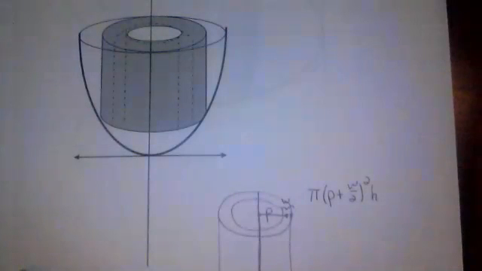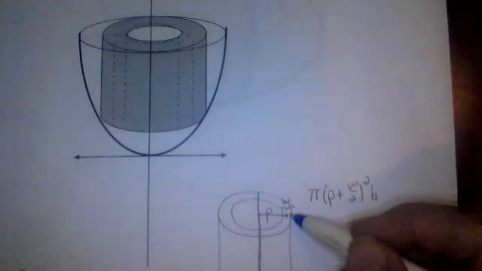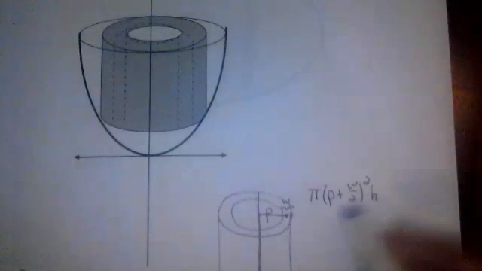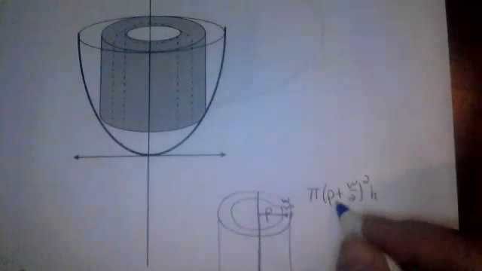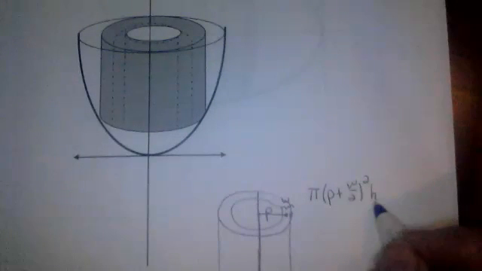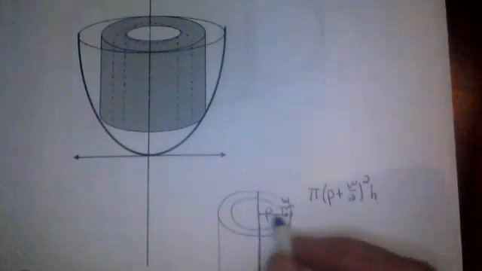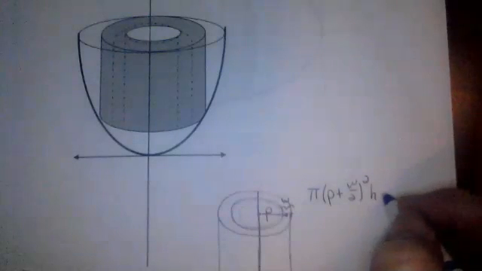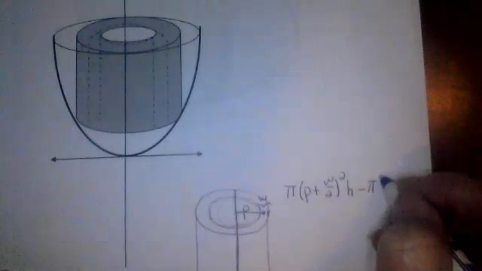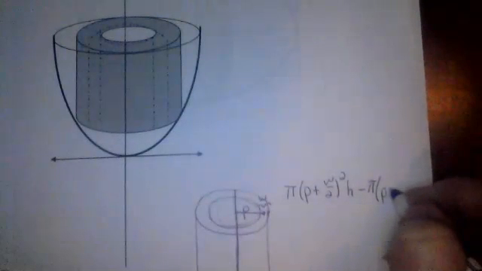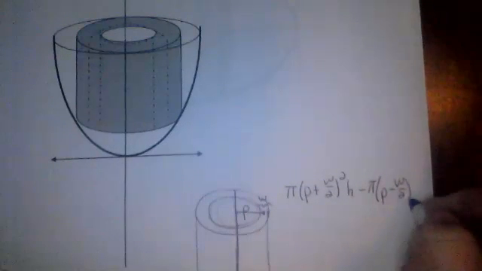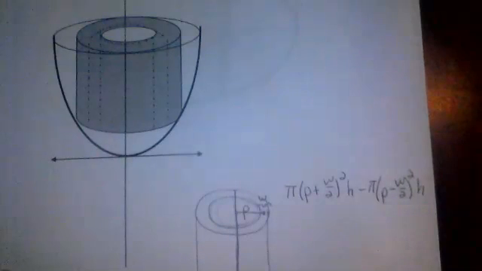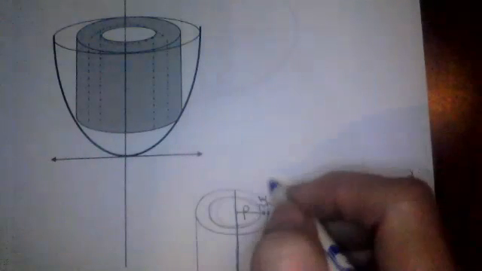Now that would just be the outside, and h refers to the height here. So pi r squared h, and r becomes this thing. And then we would have to take away this inside piece, which would be pi times p minus w over 2 squared h. So this would give me my volume.